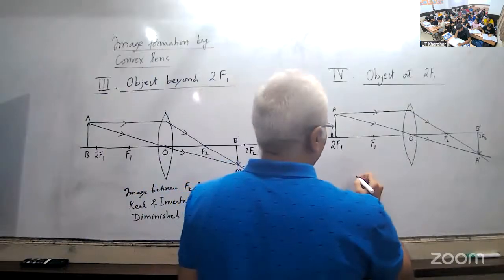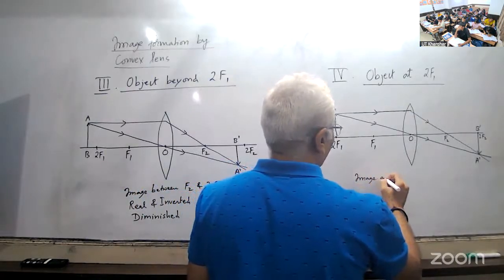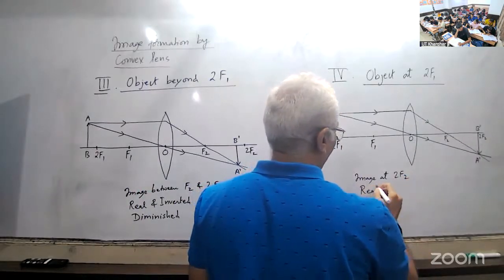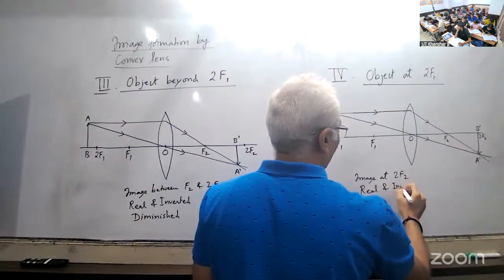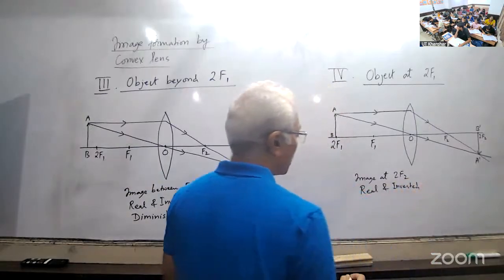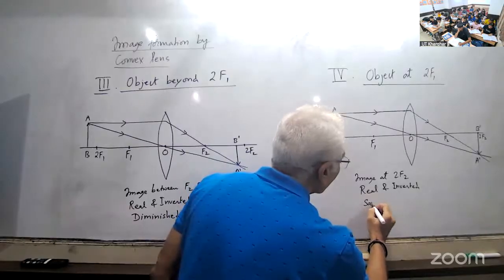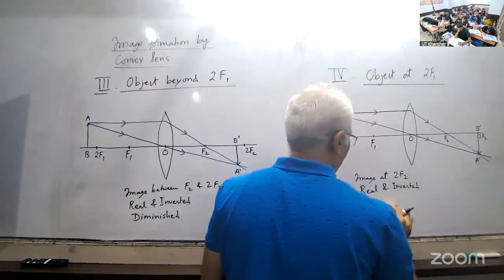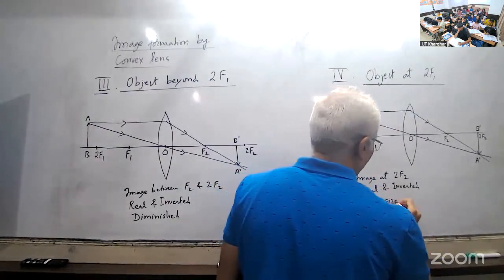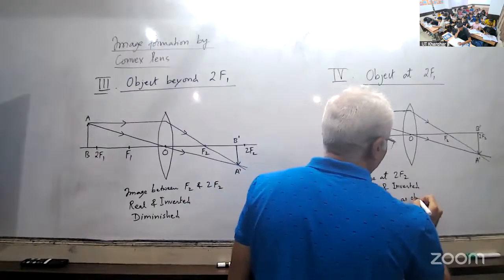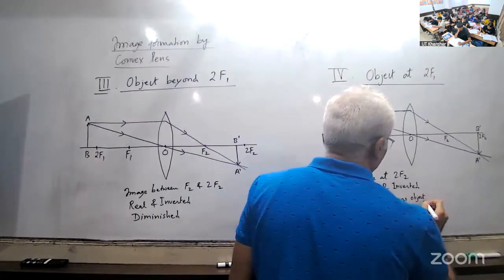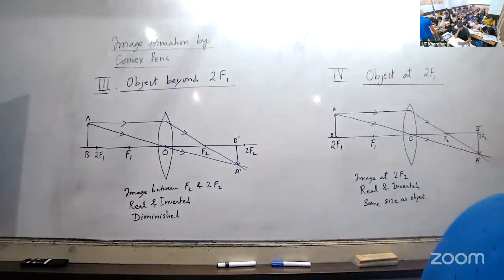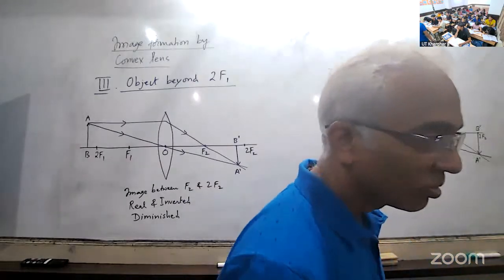Okay, so image at 2f2. Size of the image is same size as object, or same as object size?